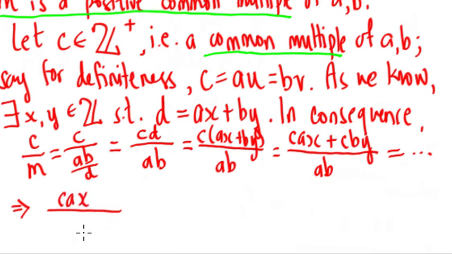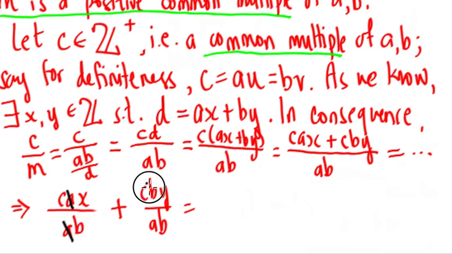CAX over AB plus CBY over AB. If we do this, we can cancel out the A's here and the B's here.